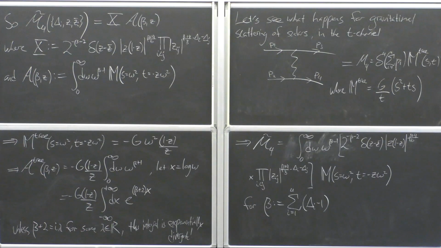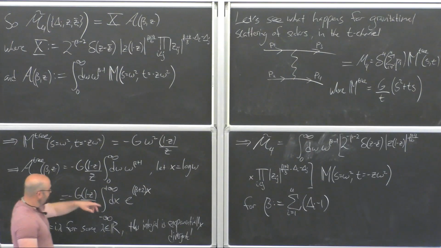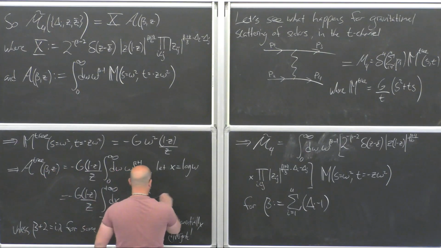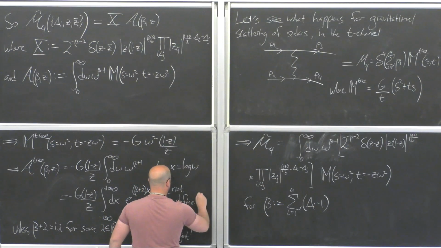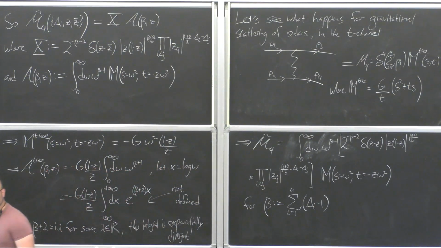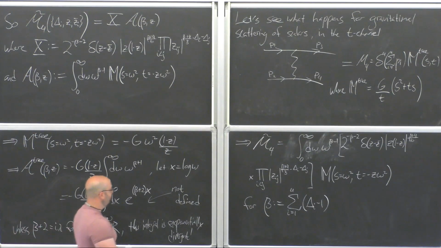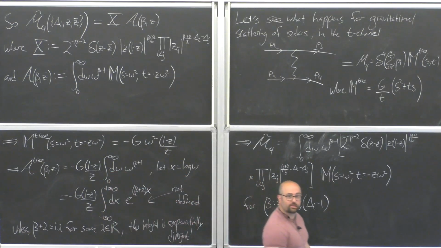Okay, but there's nothing physical about beta taking this value. Right? It has nothing to do with the principal continuous series or anything. For generic choices of the conformal dimensions, this thing is not defined. So the celestial amplitude doesn't exist. Okay? Or at least it doesn't exist even as a distribution on a Schwartz space of functions.